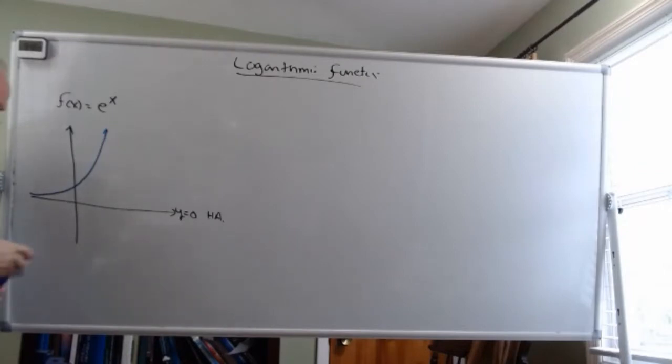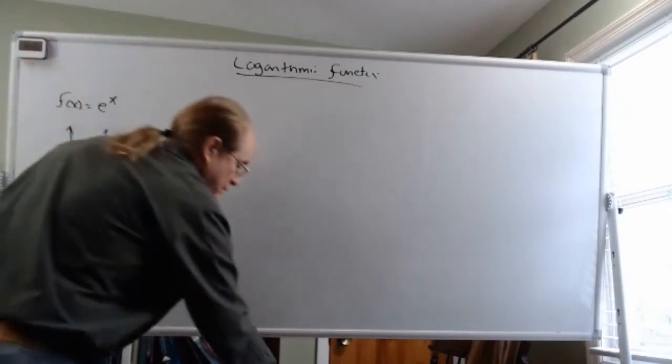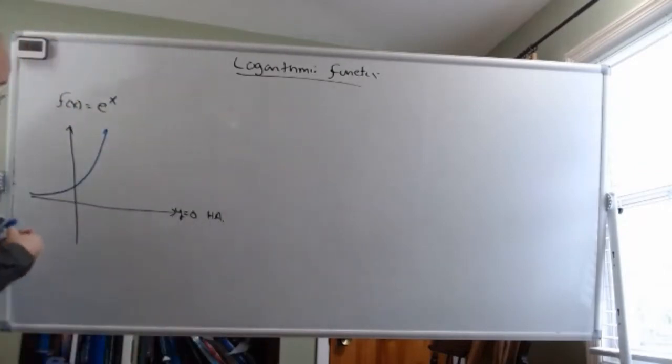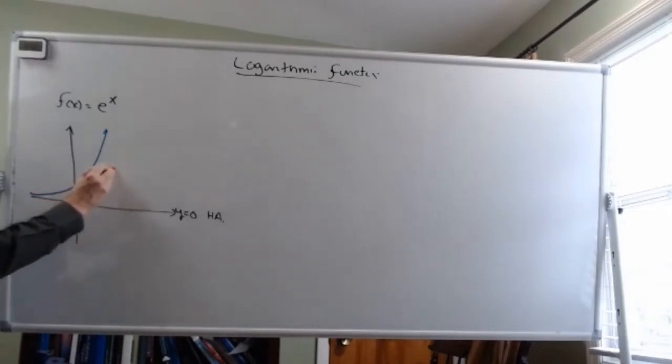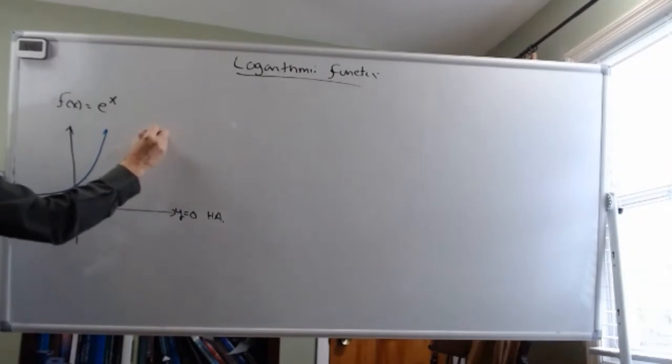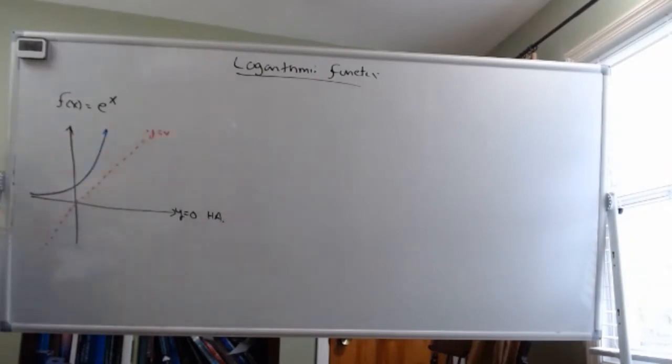Now we know that the property of an inverse function is that all you need to do is take the line y equal to x and flip your graph of your function about that line.